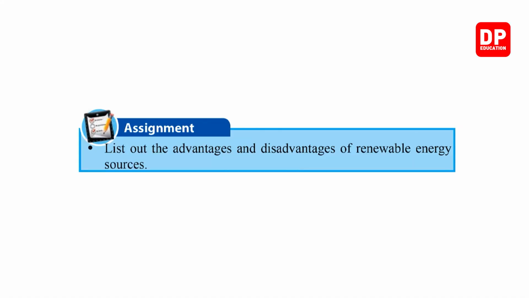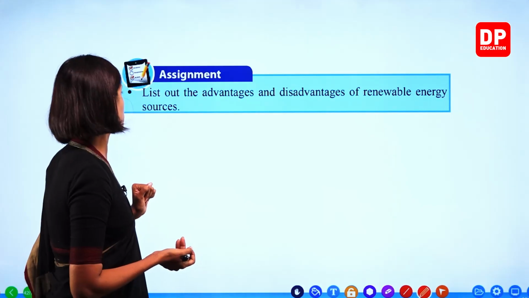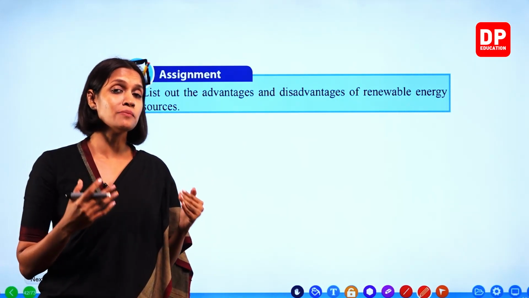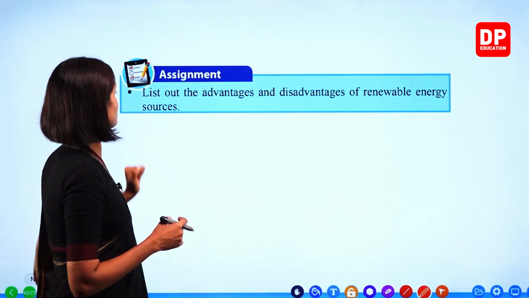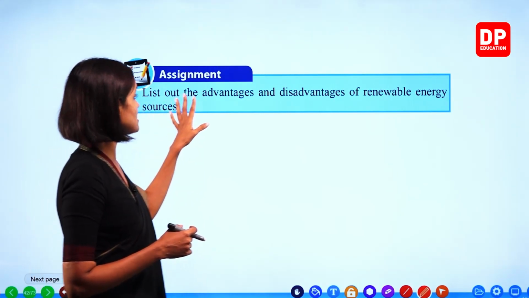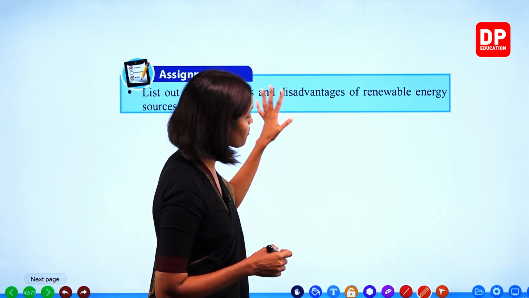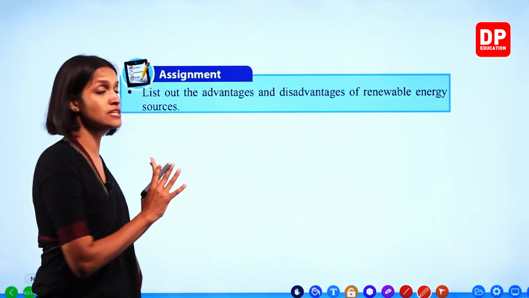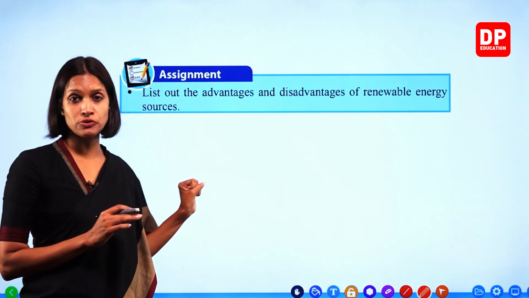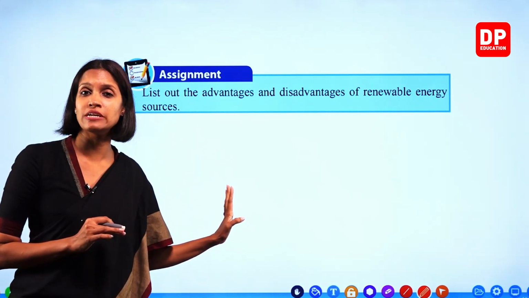Right, children? We have this assignment to do. So we have learned about a number of renewable energy sources now. This assignment says, list out the advantages and disadvantages of renewable energy sources. Now I am not going to complete this. I will show you how to do it, but I am not going to complete it.